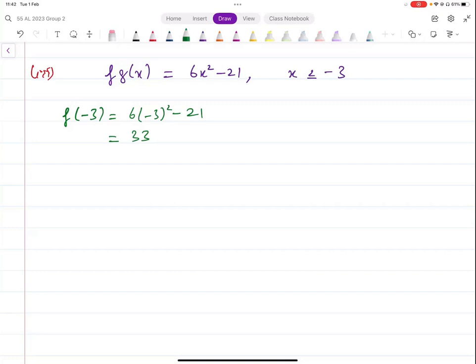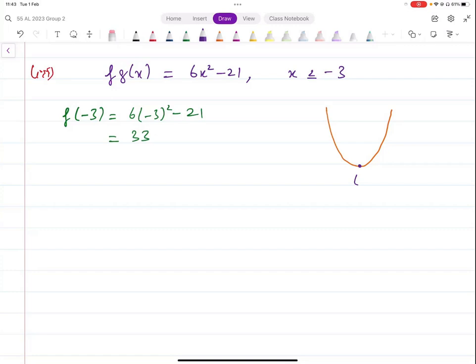But then with quadratic functions we also have to look for the turning point. Now let's see what the turning point for this would be. What about the x coordinate of the turning point? What's the x coordinate of the turning point? 2. Are you sure? X coordinate of the turning point. It's 0. How do you get that?